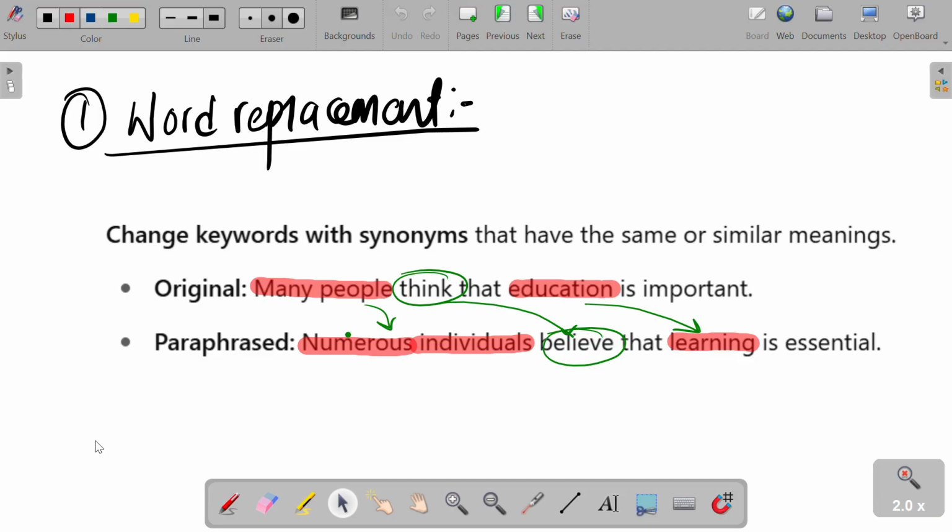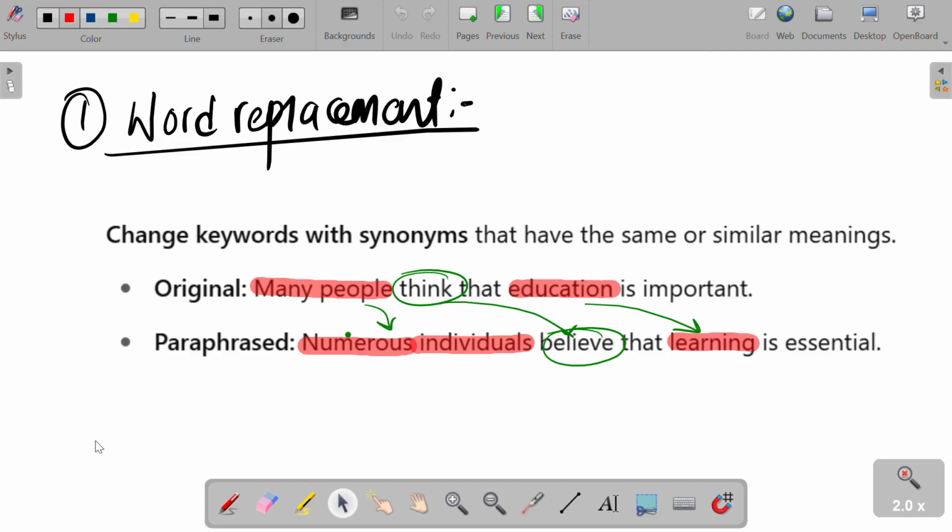One of the very basic ways to paraphrase the question is to replace the words by a synonym. In the given example, you can see that the original sentence says many people think that education is important.